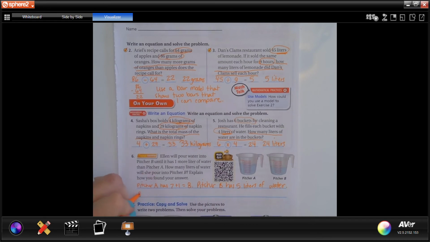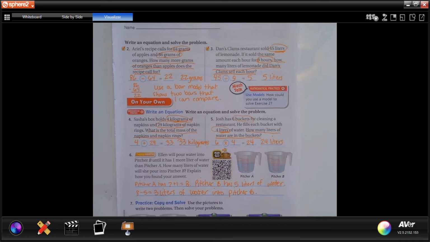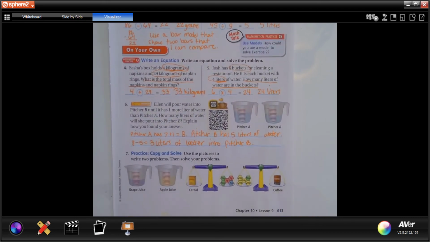So 8 minus 5 equals 3 liters of water. And it's going where? It's going into pitcher B. There we go.